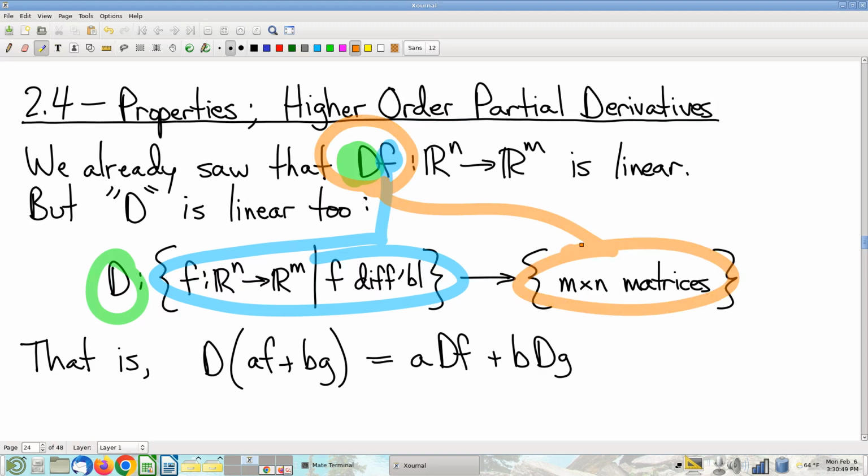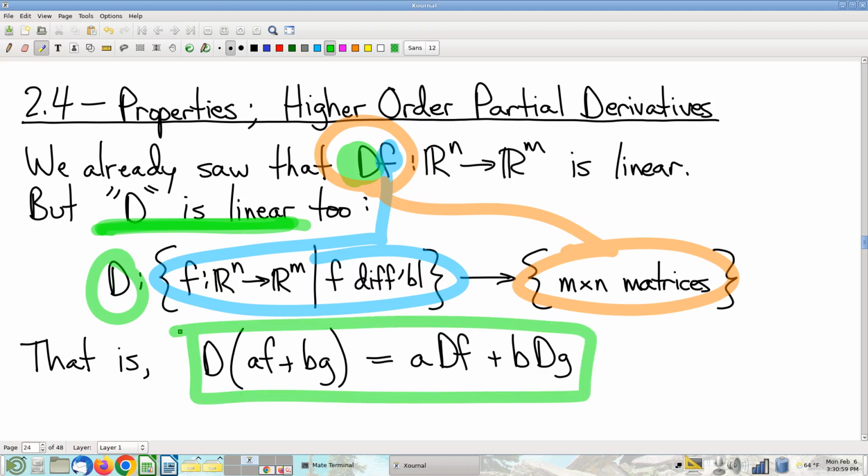And the much more non-trivial, much more substantial statement being made here is that D is linear. In other words, if you take a linear combination of functions and find its derivative matrix, you get that same linear combination of the individual derivative matrices.